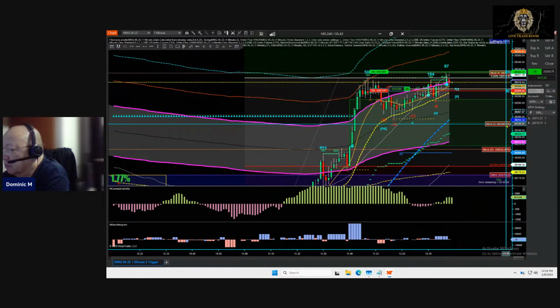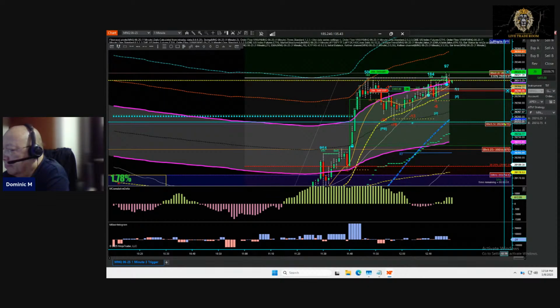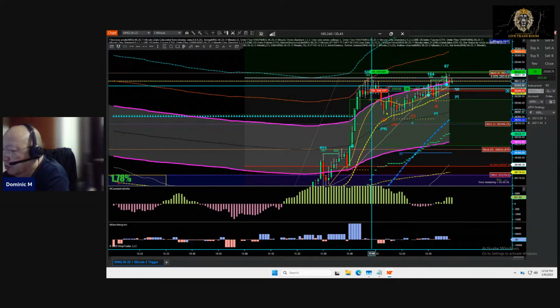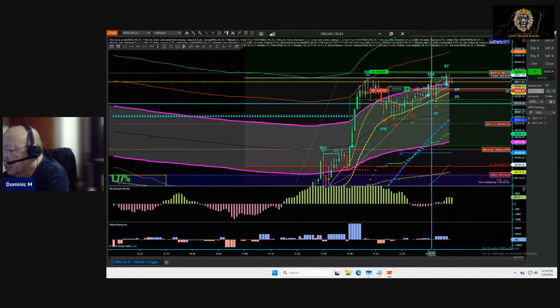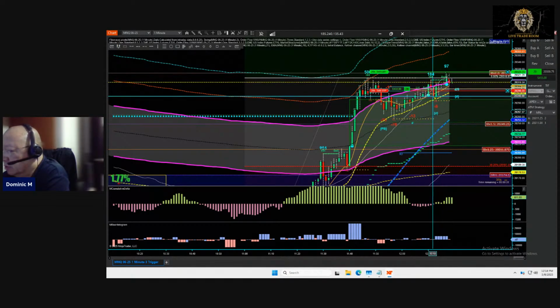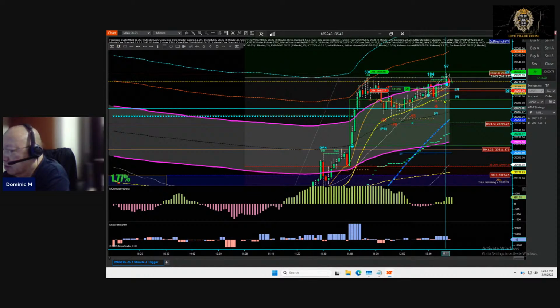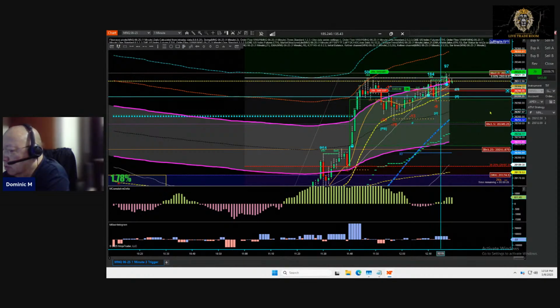Let's see if they would go back up. Then we're still closing above the 10 EMA here. Closing above. The only exception was just this one right here. But we're still closing above the 21 EMA.